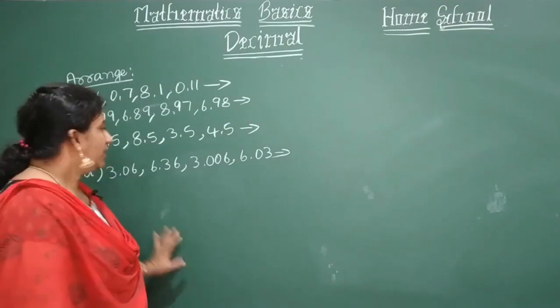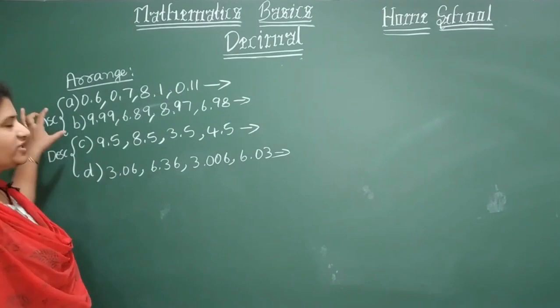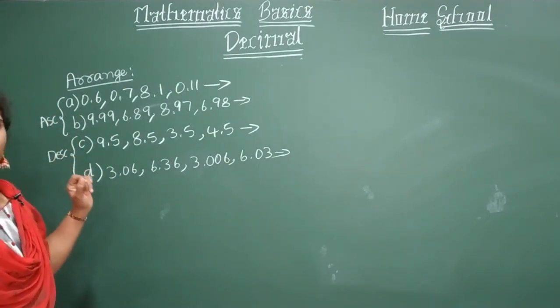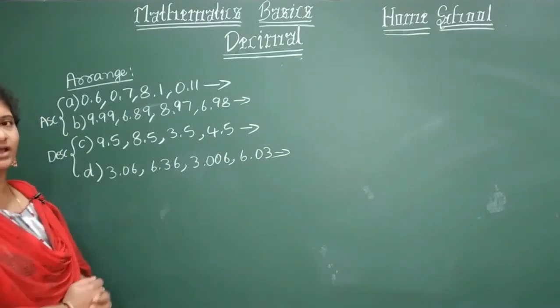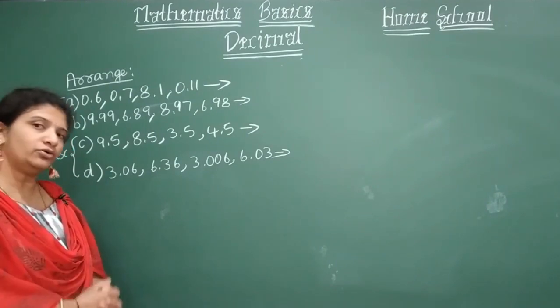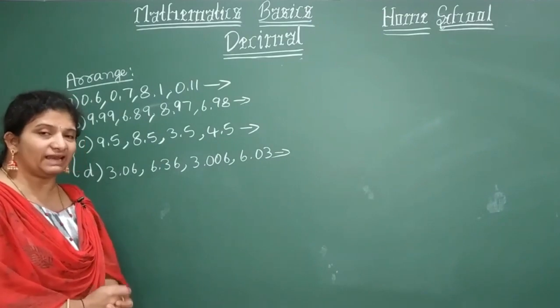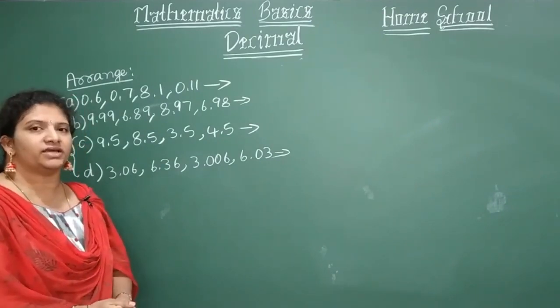Observe here children, there are 4 questions in this arrangement. First 2 questions you have to arrange in ascending order, and the second 2 problems you have to arrange in descending order. So how to identify which is greater, which is smaller? We have seen now, right? First you see the whole number part, which is greater. Having a greater number is greater. Having a smaller number is smaller.